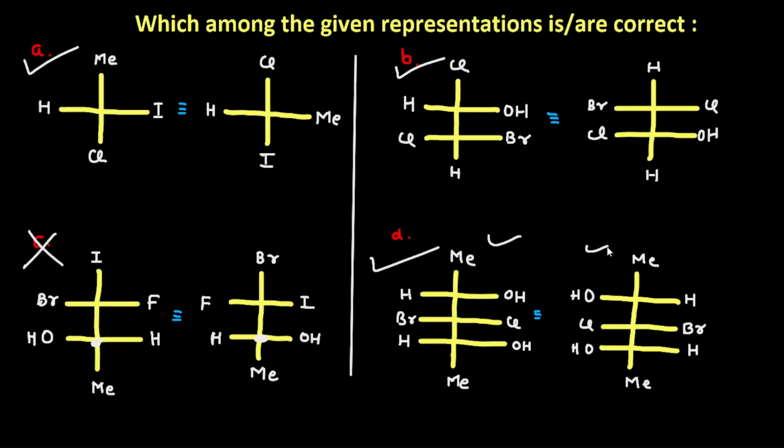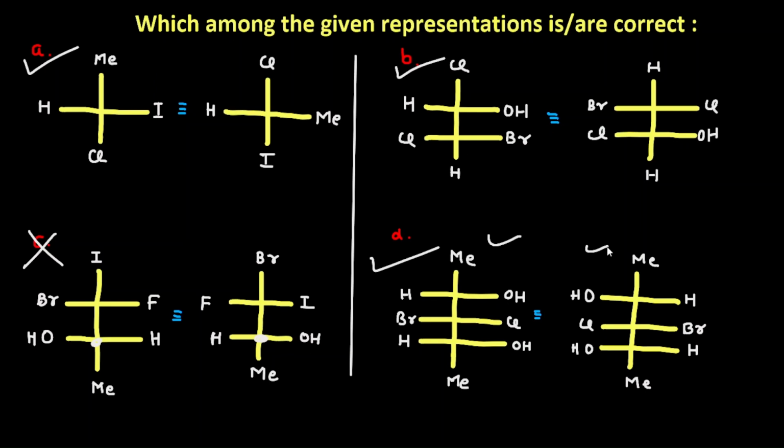So that is how you have to follow the rules and regulations of the Fisher's projection formula, that you have to keep the formula right on the plane of paper. You cannot take it away. Second, you can rotate the Fisher's projection formula 180 degree clockwise or anti-clockwise. It will not change the configuration.